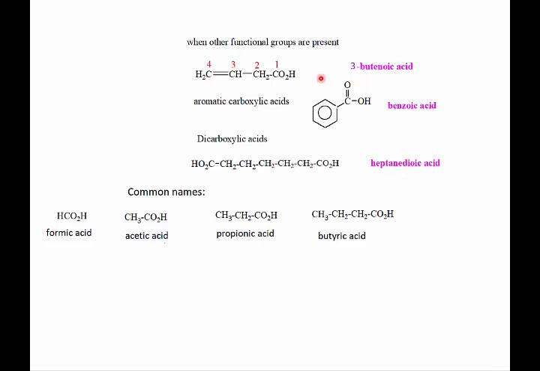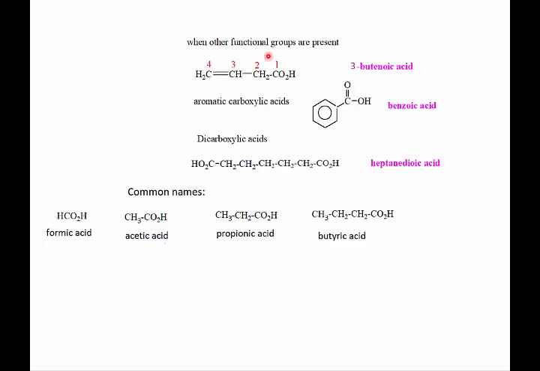In IUPAC, the rules work like this. If you have two functional groups, they follow a nomenclature priority rule. The group that has more oxygens is given a higher nomenclature priority. In this case, our carboxyl group has 2 oxygens. The alkene has none, so this will be named as a carboxylic acid containing a C=C double bond.